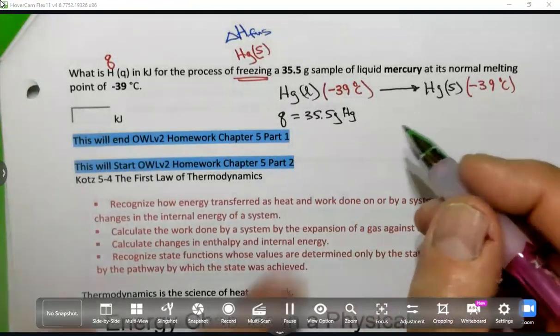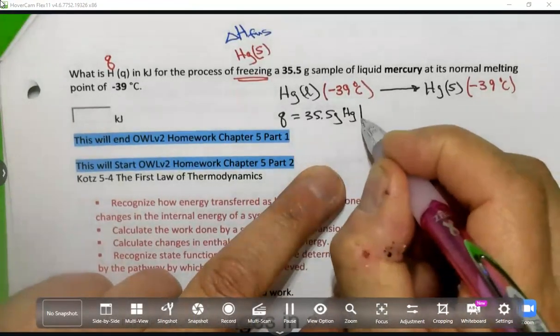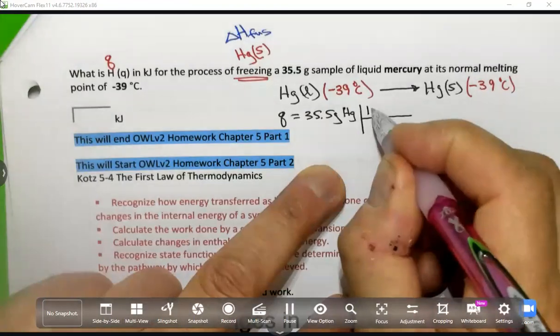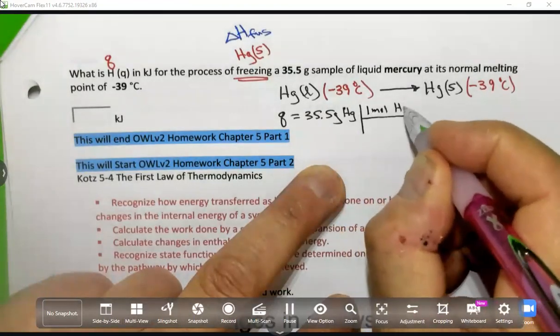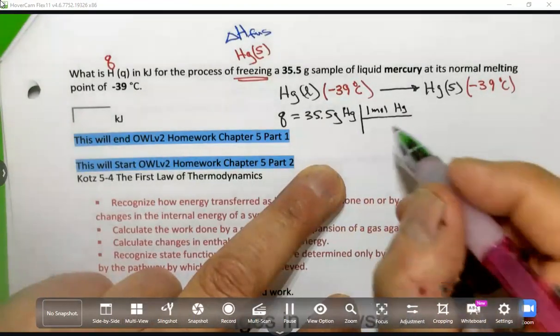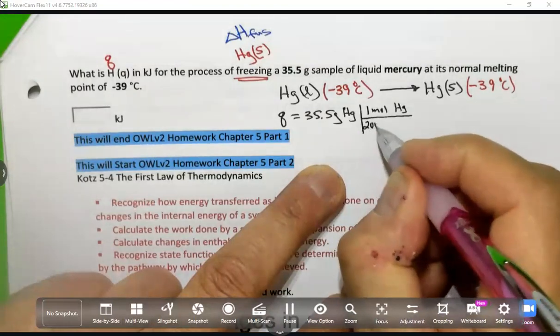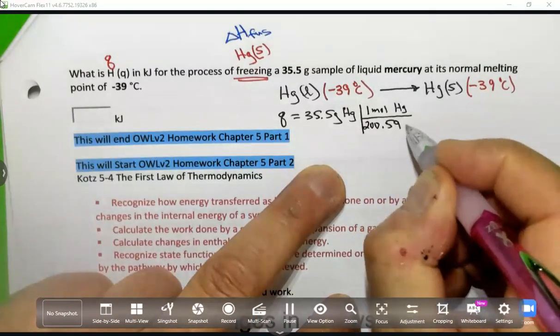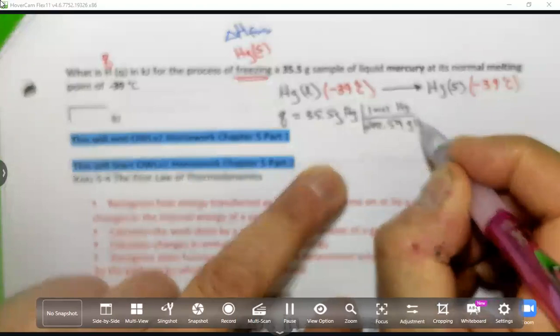And if we converted this to moles, this would be 200.59 grams.